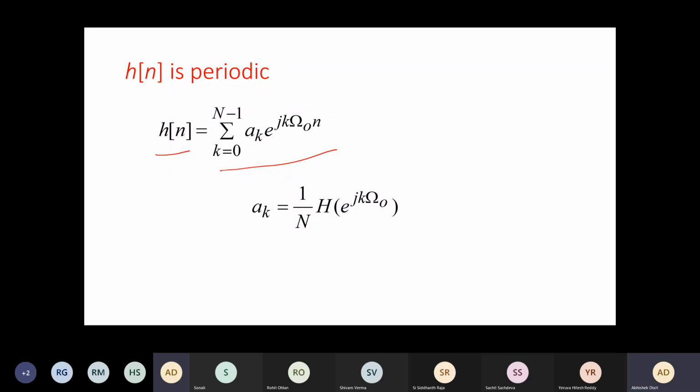Now we are emphasizing the point of transform pairs. So if this expression is correct, you should also be able to find AKs from Hn, right? And what is the way by which you can do that, if we have to find AKs from Hn?